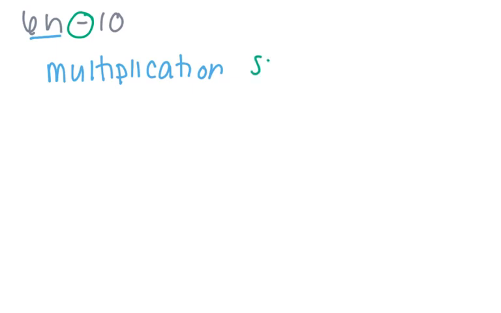So what words are we going to use to describe this expression? Well, first we know that when a letter is next to a number that is multiplying, so we're going to use multiplication. And then we know this means subtraction. So the two words we can use to describe this expression are multiplication and subtraction.